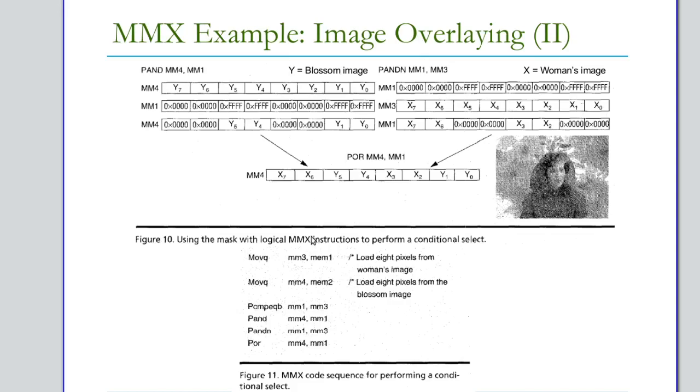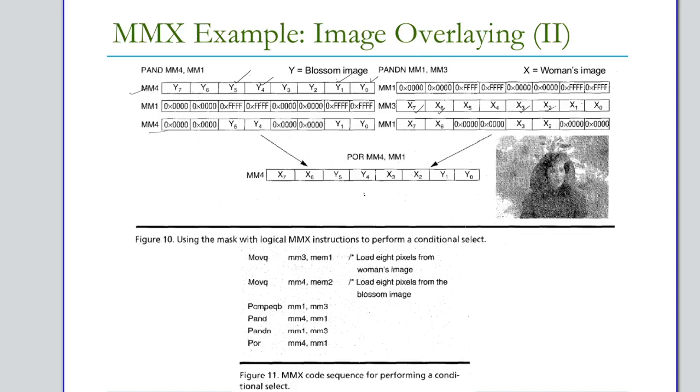Based on the mask you are finding this thing. This was your blossom image, and this was the woman image. Based on the mask you are having the values this, and this, right? And here based on the mask you are having the value this, not this.